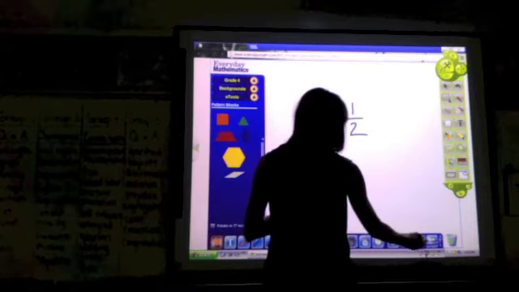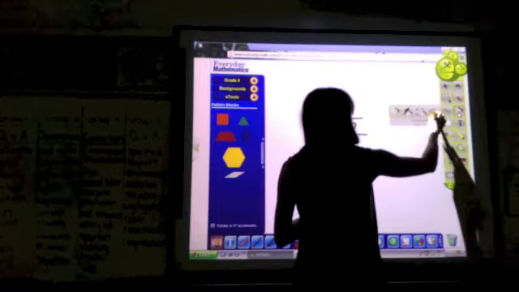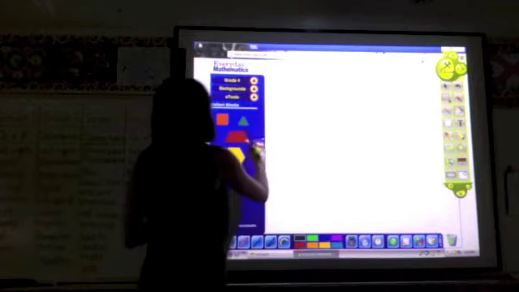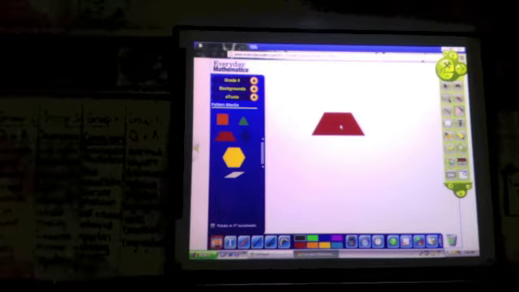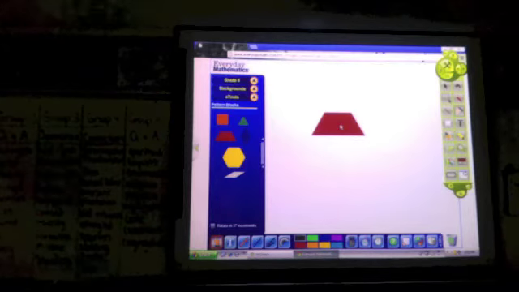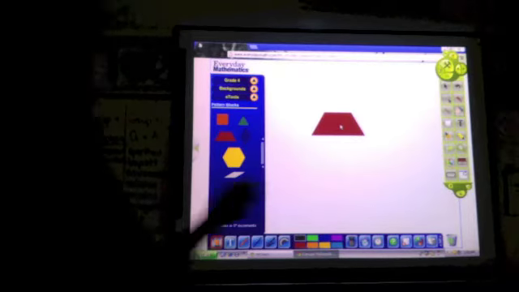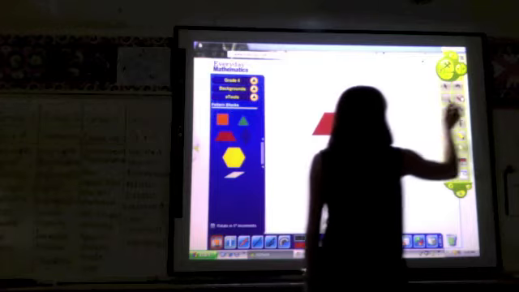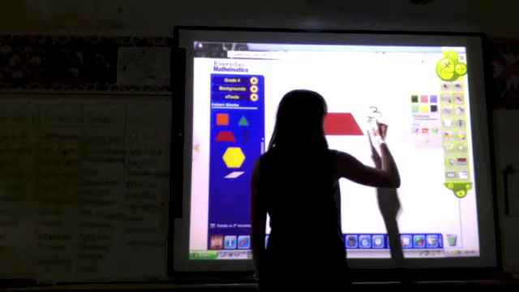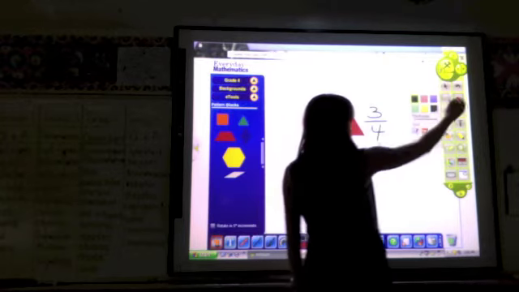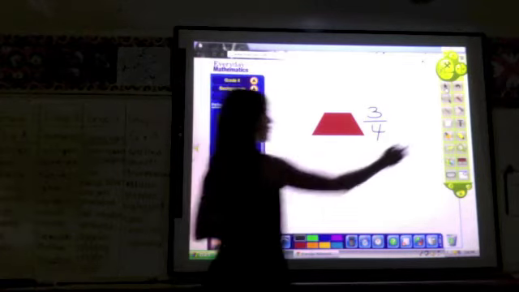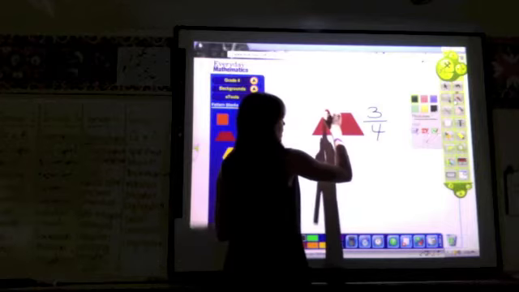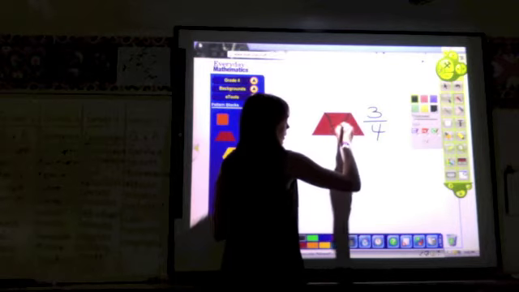Let's say we're using a trapezoid. And let's say this trapezoid represents 3/4 of my whole. So this trapezoid equals 3/4. I need to determine what my whole is. Well, if this represents 3 out of 4, then I can divide the shape into 3 parts.